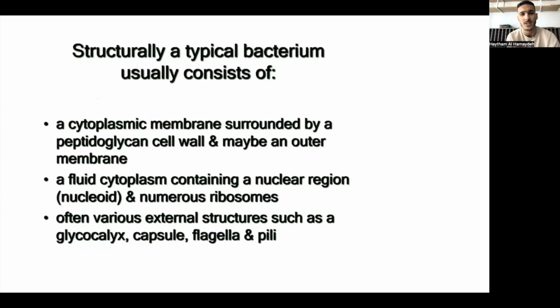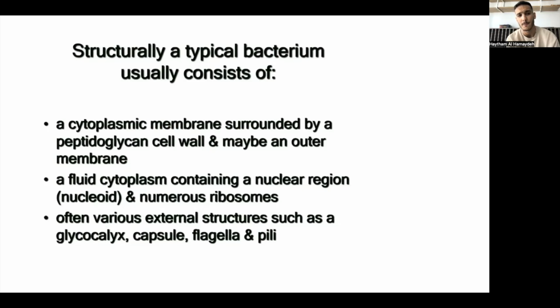The next thing, she said, is that a typical bacterium consists of a cytoplasmic membrane, and has a peptidoglycan, which is a complex that surrounds the bacterial cell. It basically forms a structure around the cell cytoplasmic membrane.